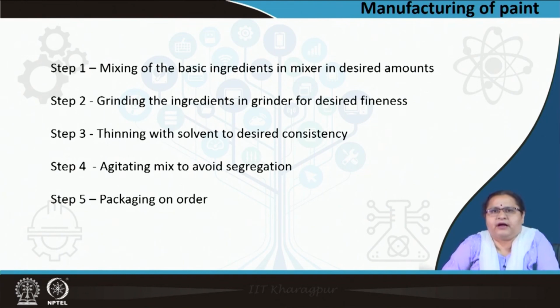So, when we are talking of manufacturing of paint, we have to mix all these ingredients in known proportion, and that becomes the first step, that is batching.